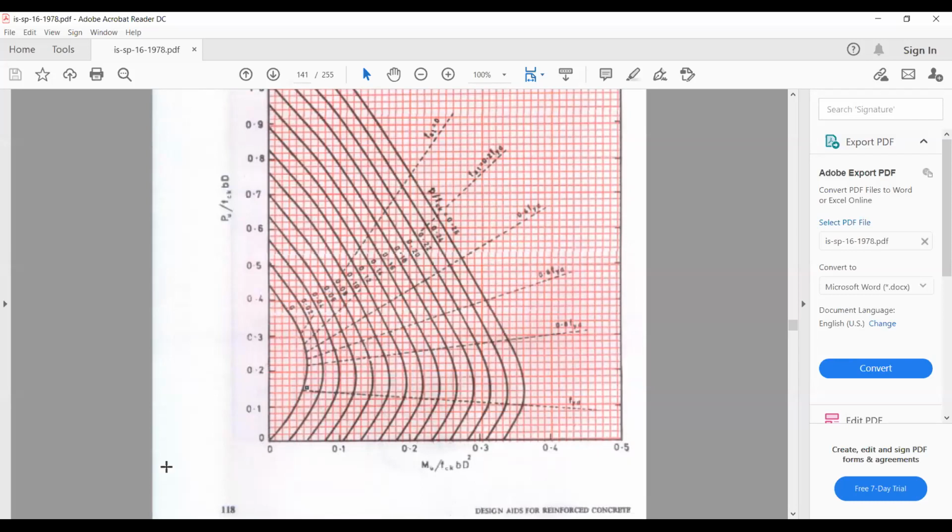Okay, you will get the value as 0.01. As you can see here, this one is 0, and next is 0.02. So here the value is P by FCK, that is Pu by FCK BD is 0.28, somewhere here, and the next one is Mu by FCK BD square is 0.06, somewhere here.